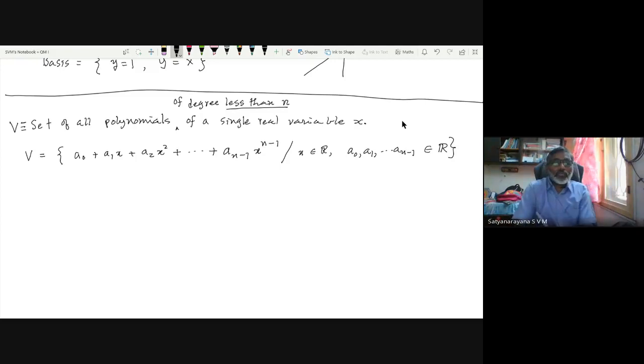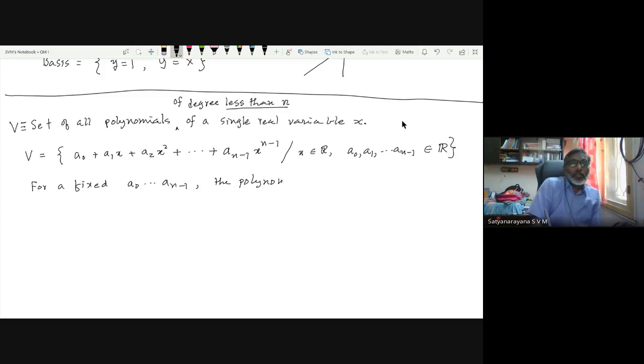So these are the set of polynomials. Now remember, for a fixed a0 to an minus 1, the polynomial is a curve.